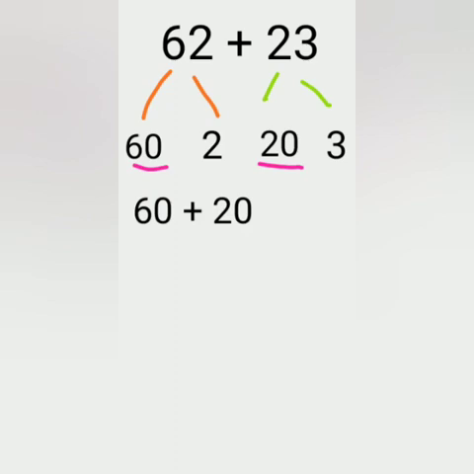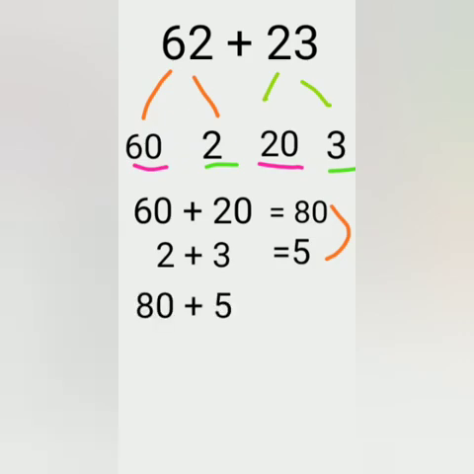What does that make, Year 2? 80. Great work. Now what do we need to do? Add the 2 and the 3. 2 and 3 equals 5. Excellent work. Now what do we do next? Add the 80 and 5. 80 and 5 equals 85. And there's your answer.